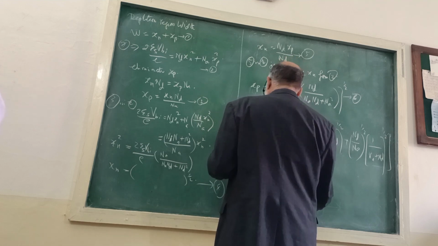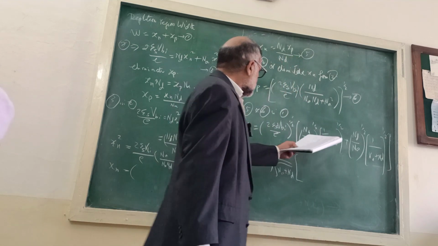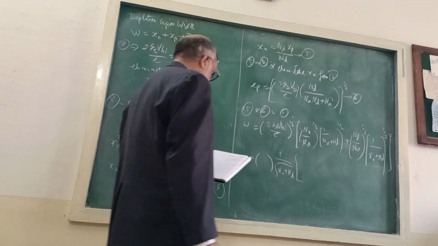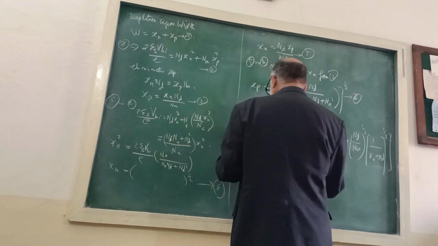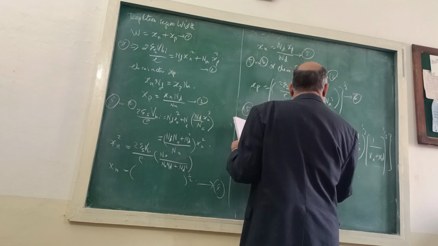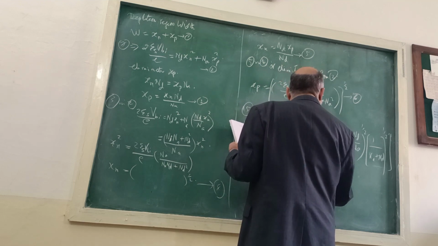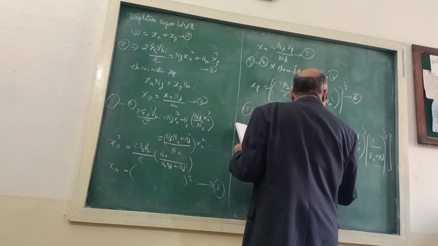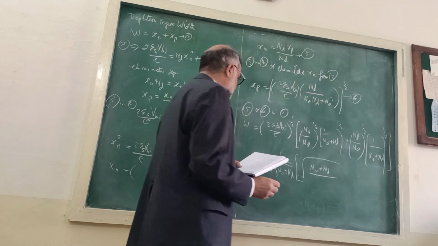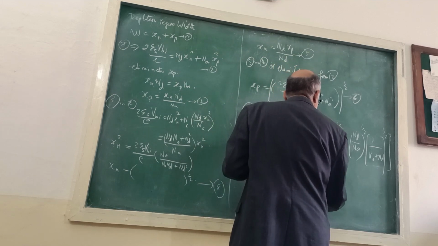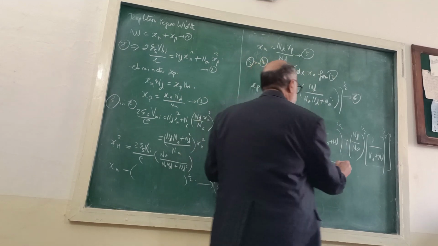And then here we are left with this, and that is equal to N_A plus N_D divided by N_A times N_D.